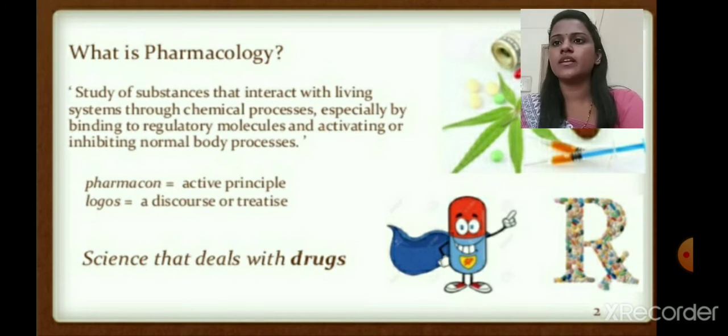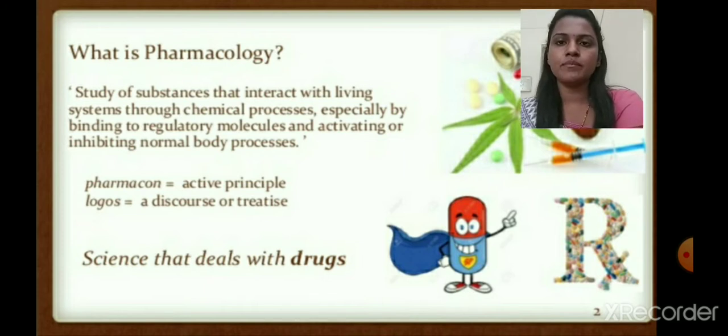Scientifically, pharmacology is the study of substances that interact with the living system. A substance means a drug. It is the study of drugs that interact with the living system through chemical processes, especially binding to regulatory molecules like receptors, and activating or inhibiting normal body processes.